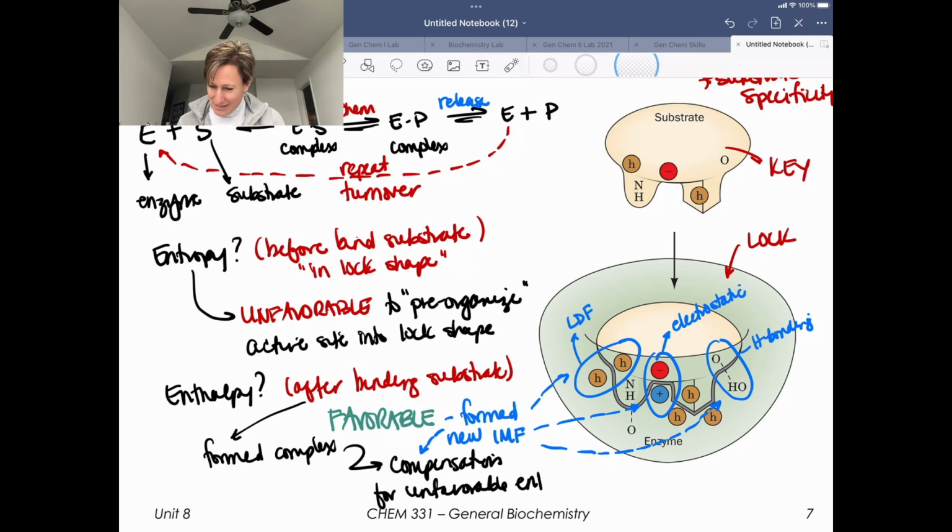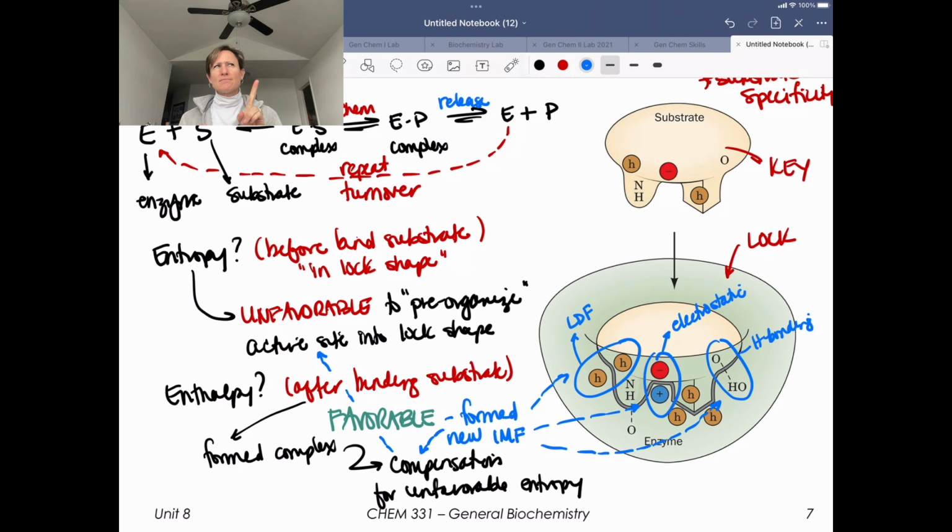Sorry about that. This is going to be compensation for our unfavorable entropy. So these enthalpic contributions from these new intermolecular forces are going to compensate for our unfavorable entropy that happens if we consider pre-organizing the enzyme active site, if we consider a rigid lock that is going to bind a specific key.